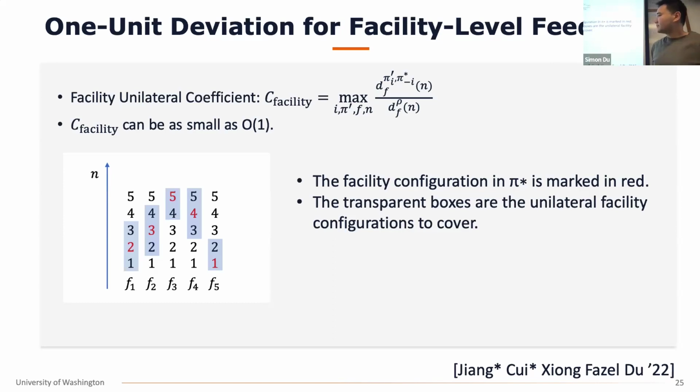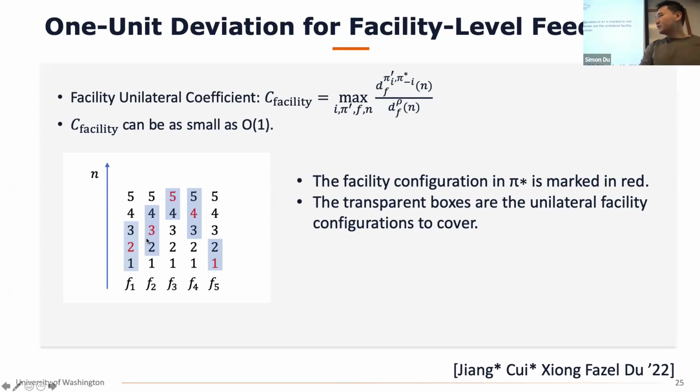So what our main result shows is that what you need is not a unilateral coverage, which needs to change the entire row, entire column. All you need is a single 1 unit deviation from this Nash equilibrium. So for this configuration, for facility 1, you need to observe the reward for 1 car here and 3 cars here.